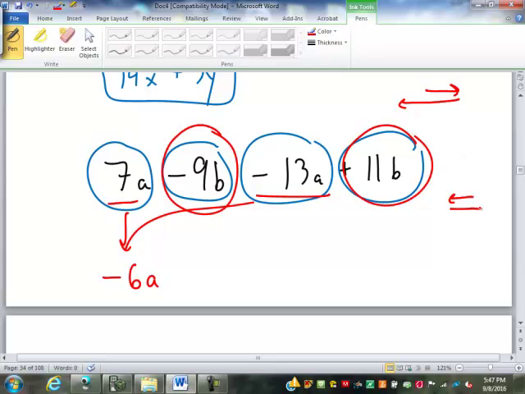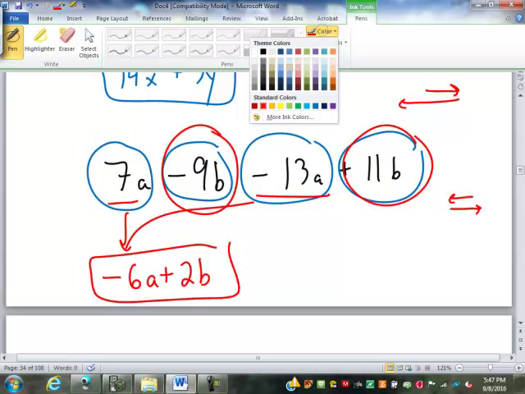Negative 9 and positive 11. Where does that end up at? Positive 2b. Now I have these algebraic numbers here, I have to connect them with something. Since it's a positive 2b, I put a plus in there. So I end up with negative 6a plus 2b.